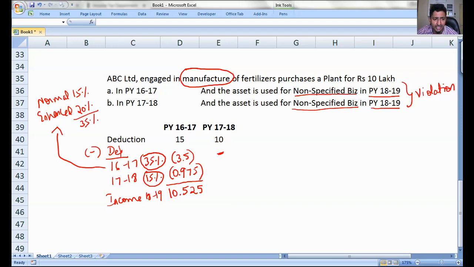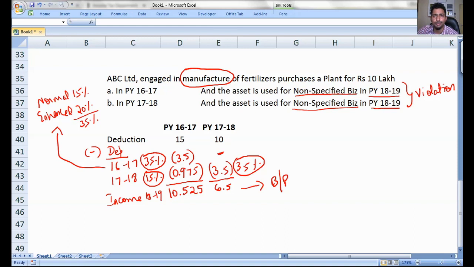In 17-18, you could have got a depreciation of 35% because this is your first year. So how much is this? 3.5. So the income that you'll have to offer in the second scenario is 6.5. Under which head should you offer this income? This income will be offered under the head business and profession.